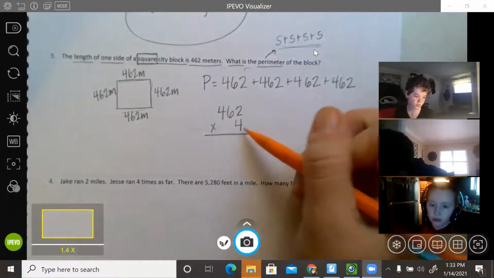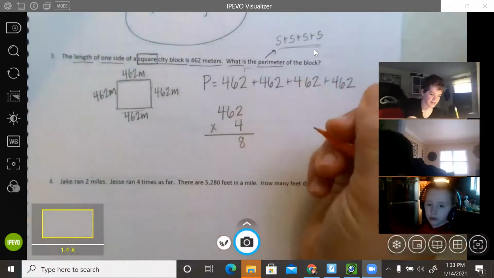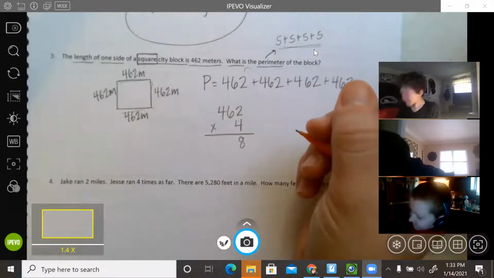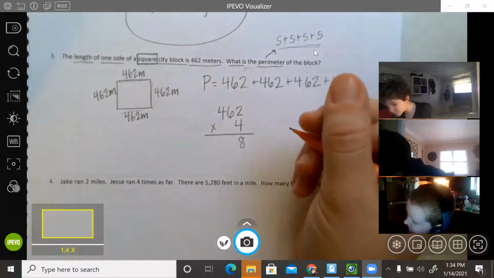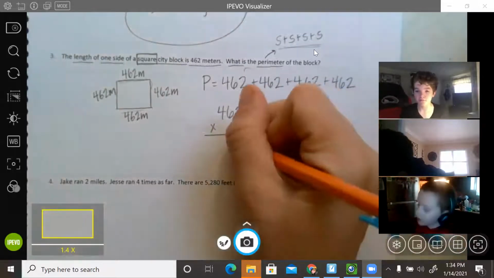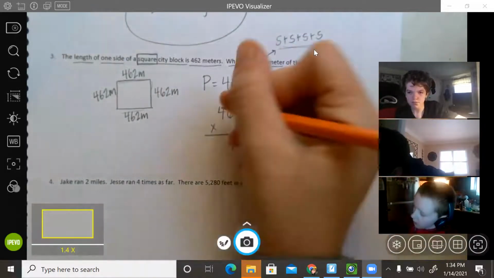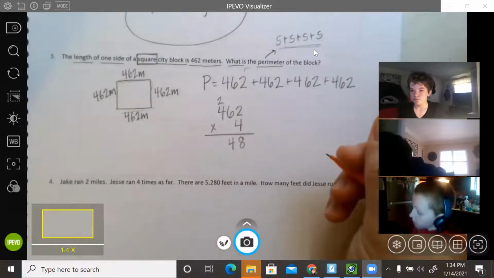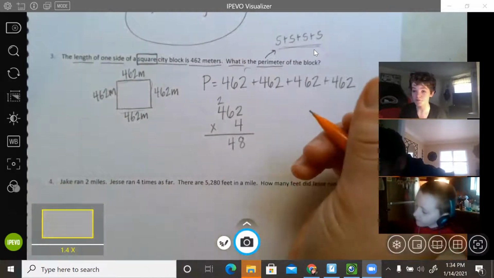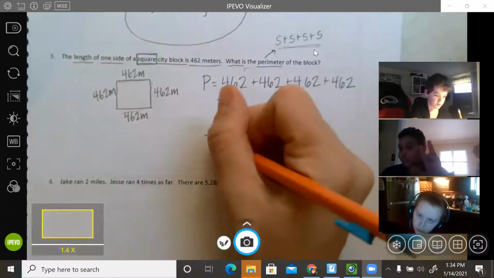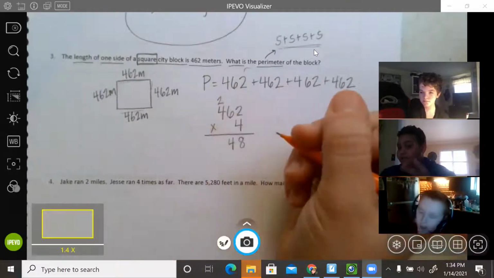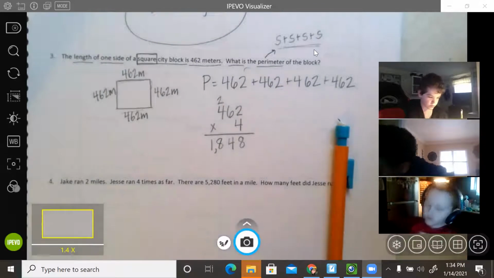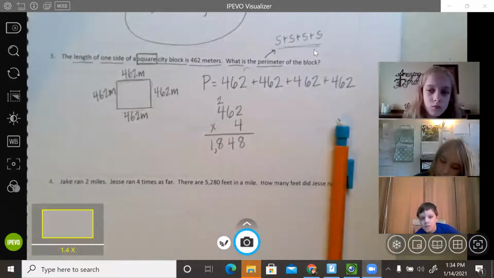4 times 2 equals 8. Very good. 4 times 6 equals 24. Okay, what do I put down? Put down the 4, carry the 2. 4 times 4 equals 16, plus 2 equals 18. Very good. I want you to raise your hand if you know how this problem should be labeled.